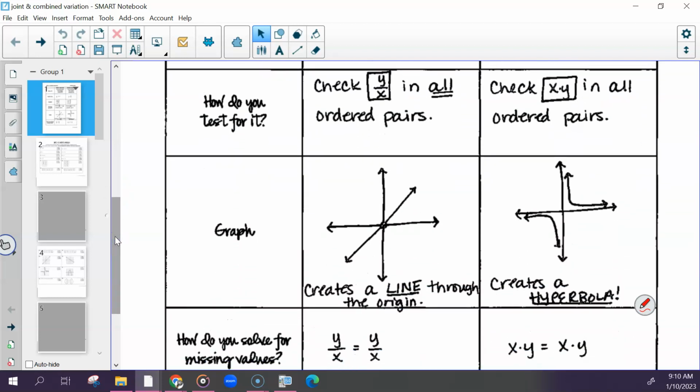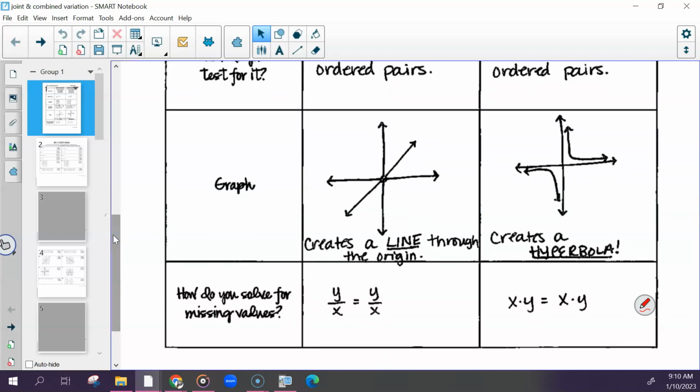The check is like the ratio or the product. The graph for direct has to be a line that goes through the origin. The constant has to be the same throughout. The inverse, so we didn't talk about what this word is called, but it creates this shape. It's called a hyperbola. And then I wrote something different on this. I changed it.